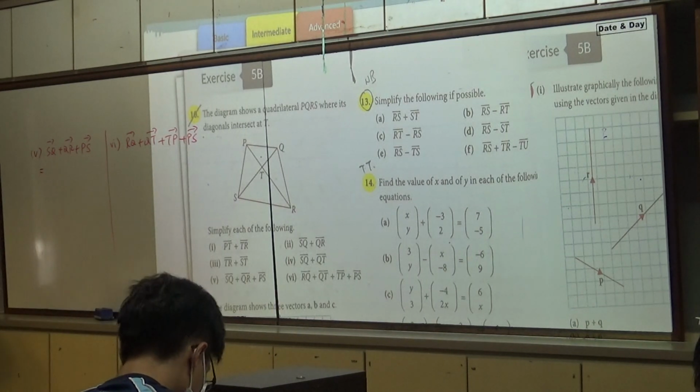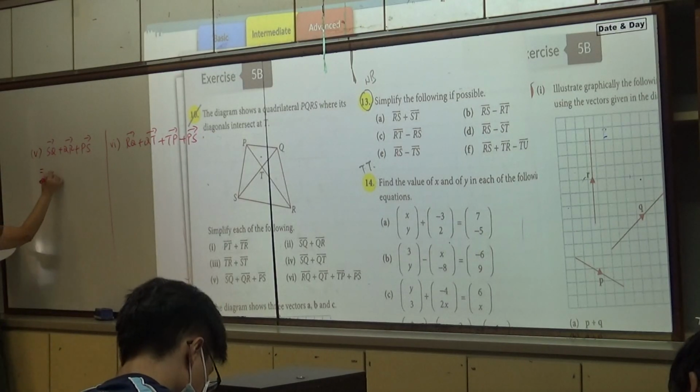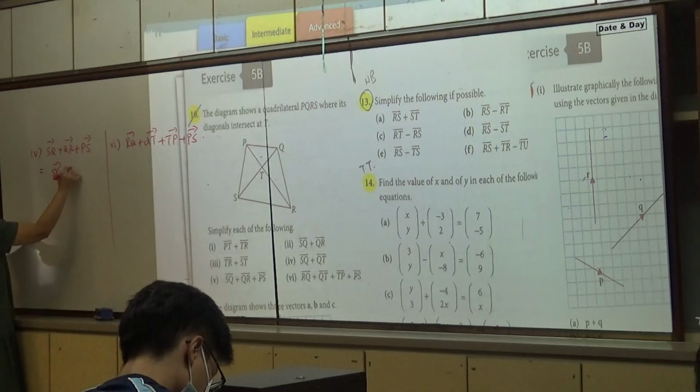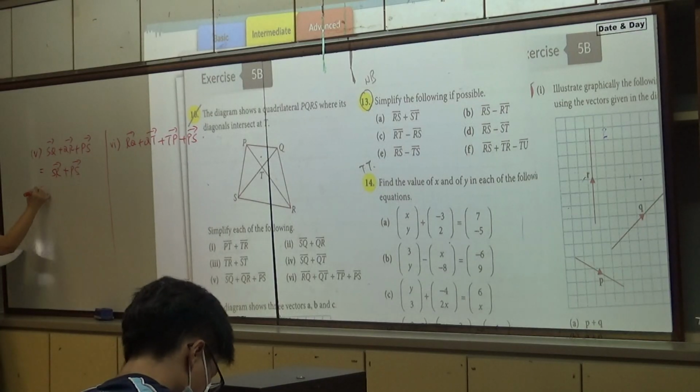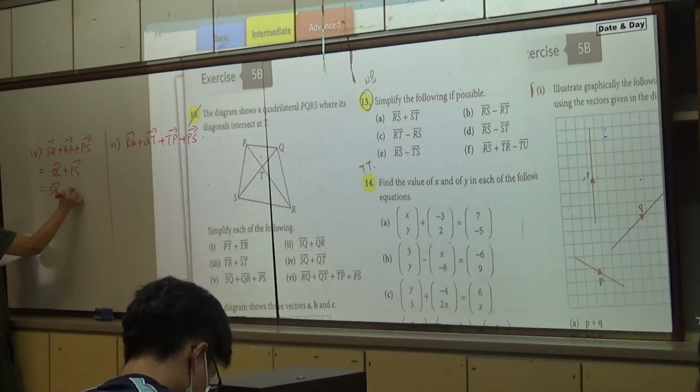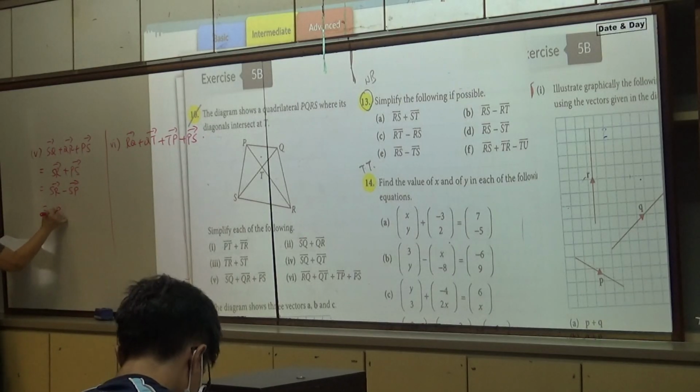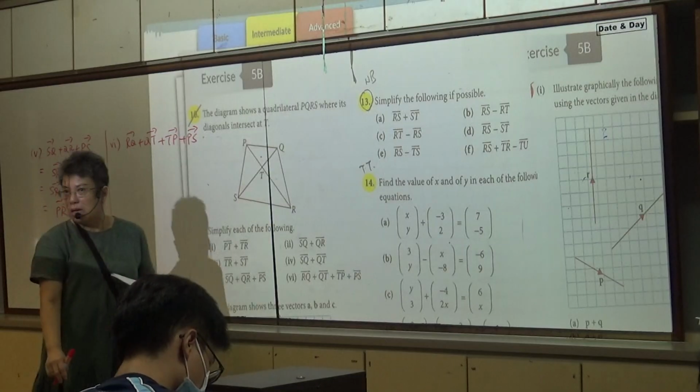How to write the second line? S what? SR plus PS. Then is what? Yes, SR minus SP. PR, right? Can you see? Can you see?